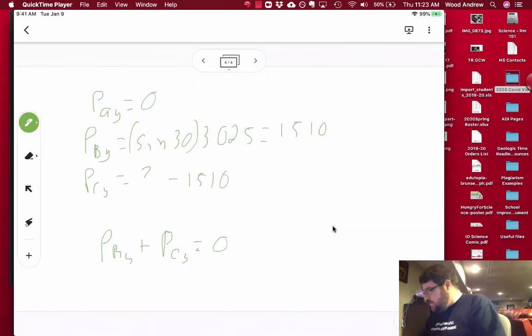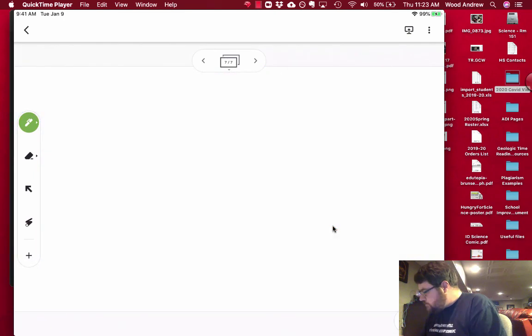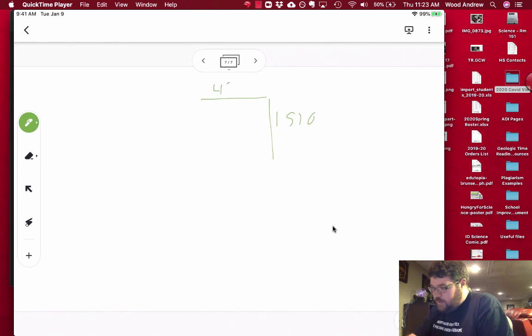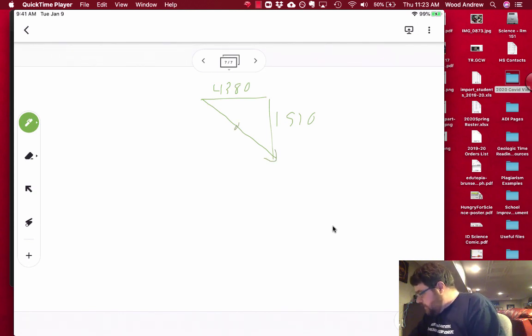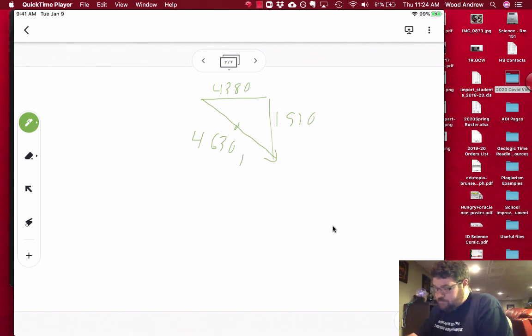So, math wizard time, a squared plus b squared is c squared. We know that the downward component is 1,510. We know the horizontal component is 4,380. So a squared plus b squared is c squared to give us the hypotenuse. I get 4,630 kilogram meters per second. And that is my momentum.